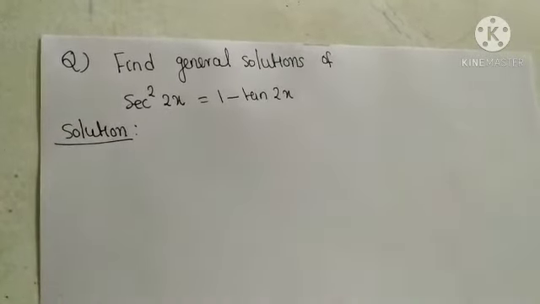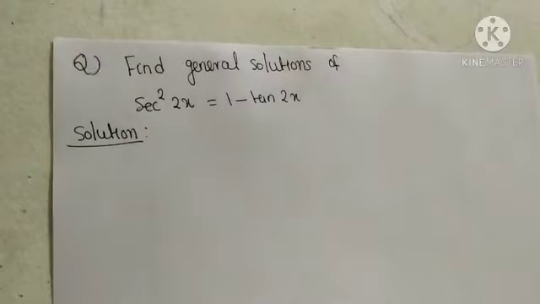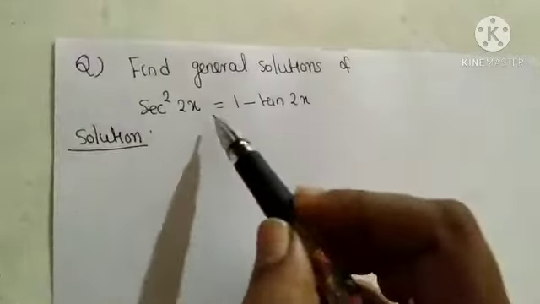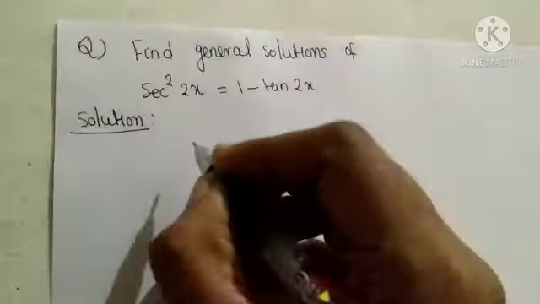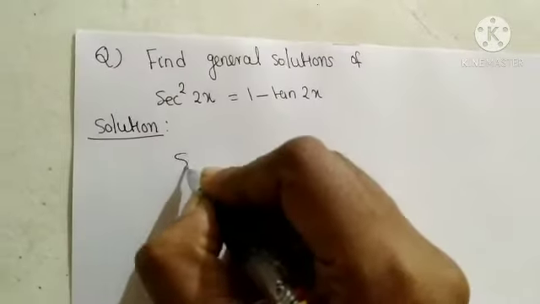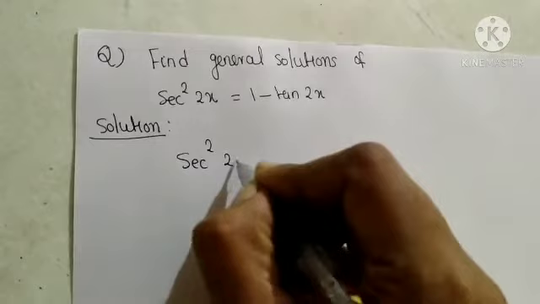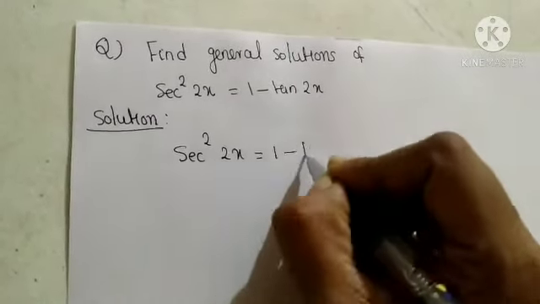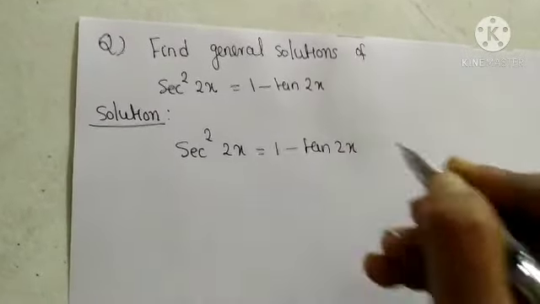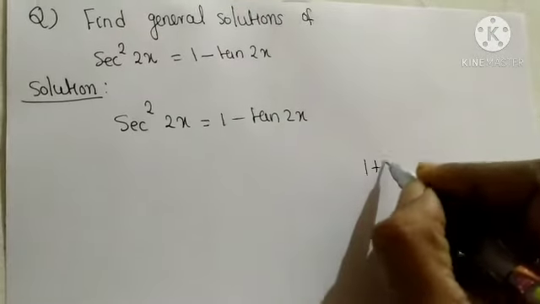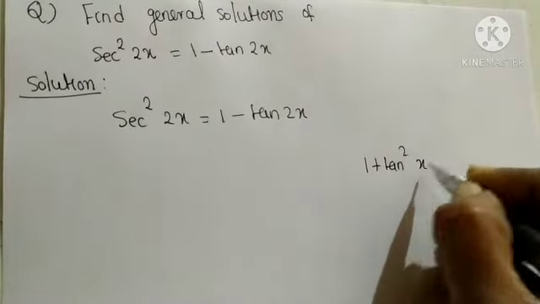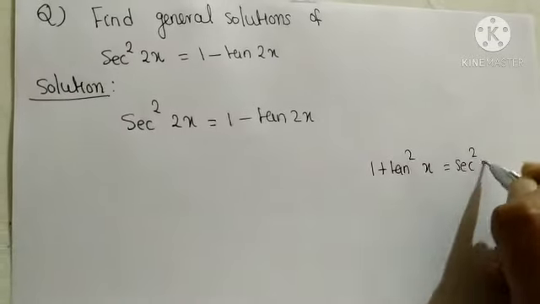In this question, we need to find the general solution of sec square 2x equal to 1 minus tan 2x. Okay, so let's start the solution of this question. Given that sec square 2x is equal to 1 minus tan 2x. We know one of the identities that 1 plus tan square x is equal to sec square x, right?